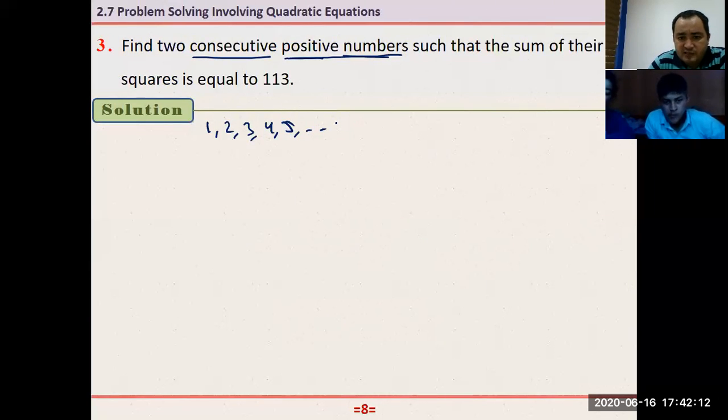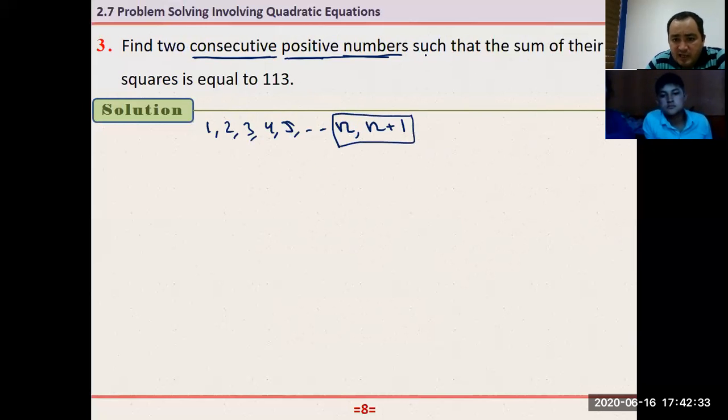Consecutive means if this number is n, the next number will be n plus 1. Because here, 2 numbers, what are those numbers? I don't know. I'm assuming that if the first number is n, second number should be n plus 1. Because here the problem is saying consecutive, right? So we are talking about these 2 numbers.